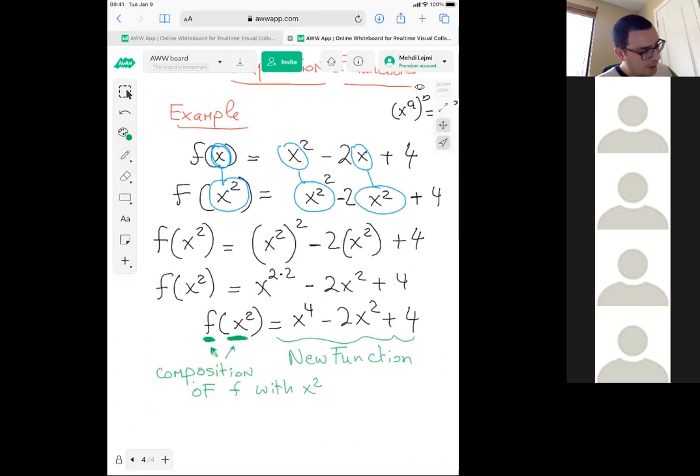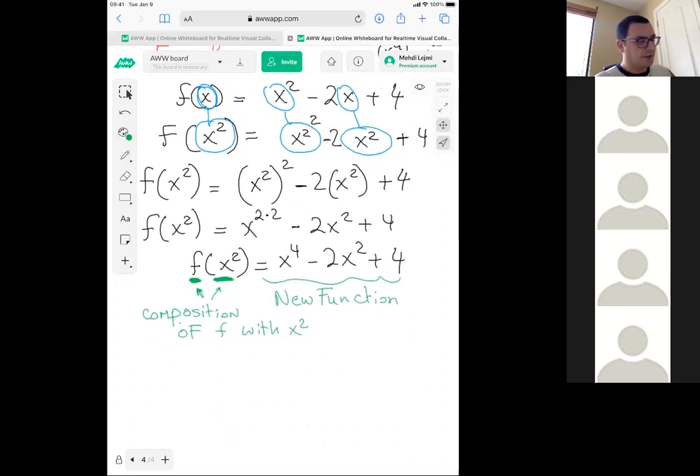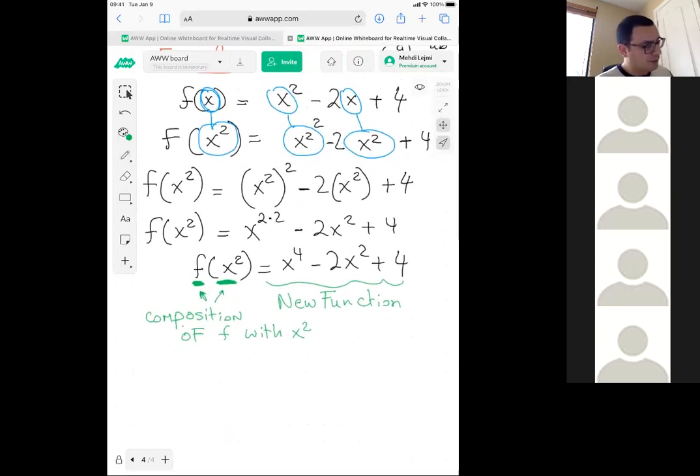Actually, instead of x squared, you can pick any random function, right? So for example, let's say instead of x squared, we have x plus 1. Again, this is my f of x, which we said is x squared minus 2x plus 4. And instead of x, I'm going to have x plus 1.